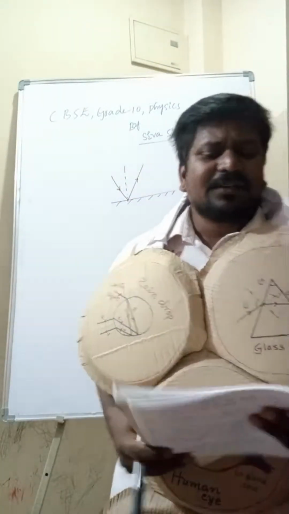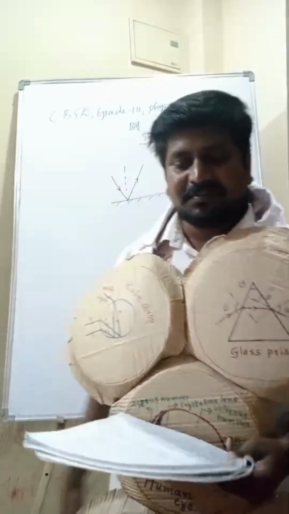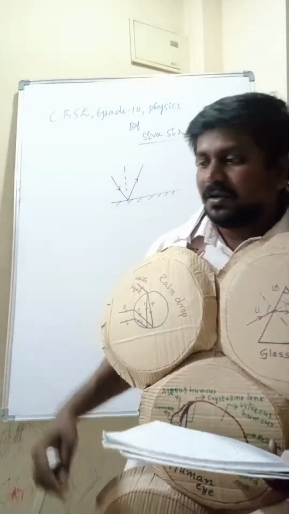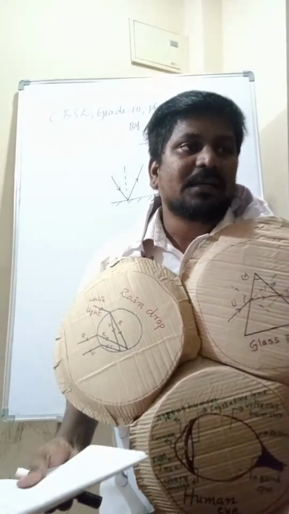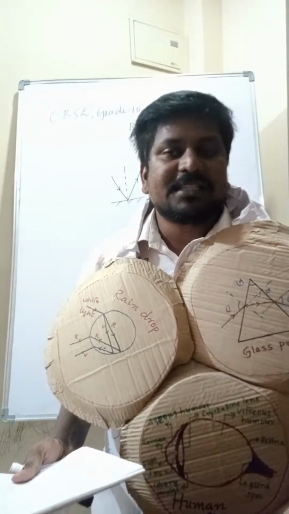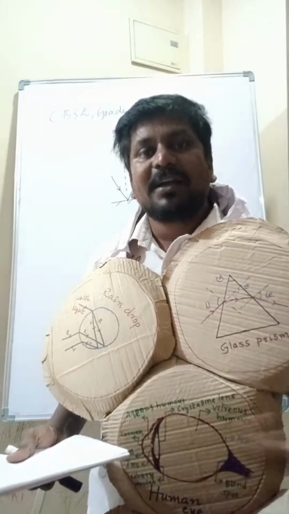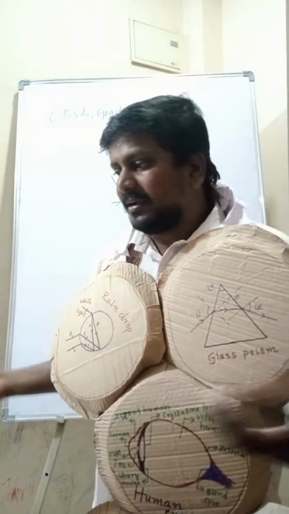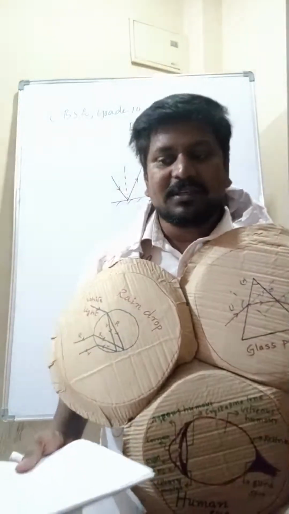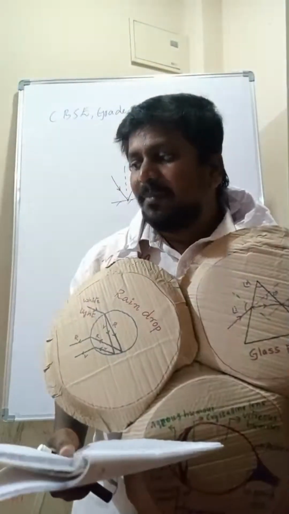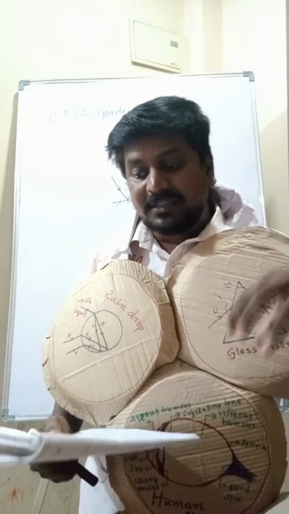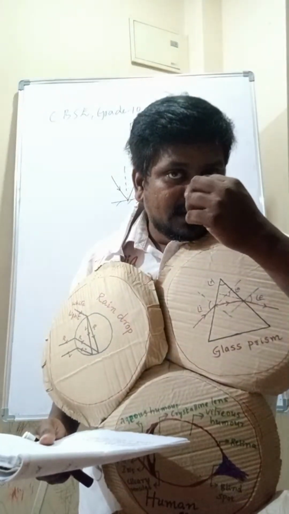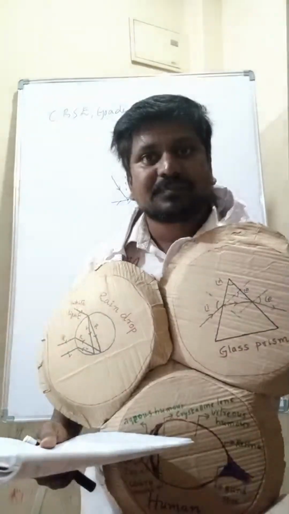Now, light is a form of energy which gives the sensation of vision. Luminous objects are nothing but the substances which emit light on their own, like a candle or a bulb, which emits light. Luminous objects also include stars and glowworms. Objects that give out light by their own.